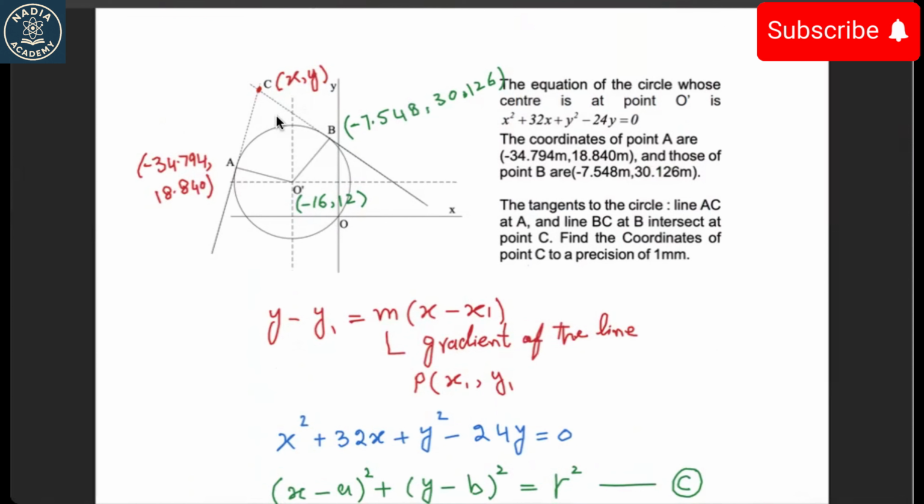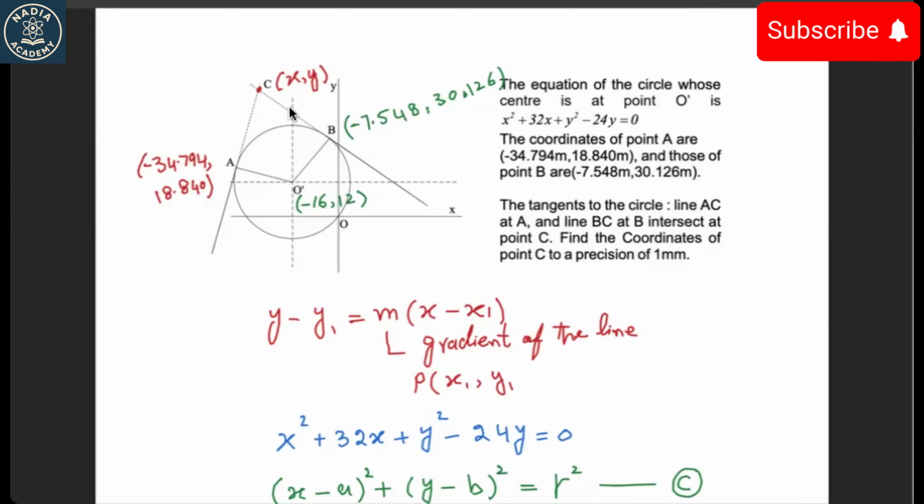The problem is that we have two tangents of a circle, and the equation of the circle is given, and these two tangents are crossing each other at a point C, and we need to find the coordinates of that point C. So this means that point C is a simultaneous point for both of these tangents. So if we know the equations of both of these tangents, we can solve them simultaneously and find the coordinates of C.